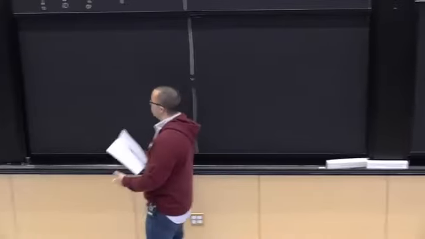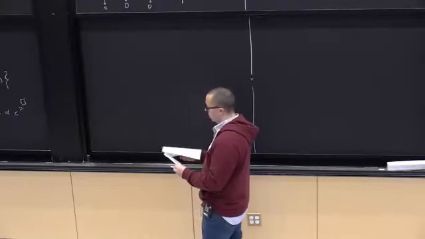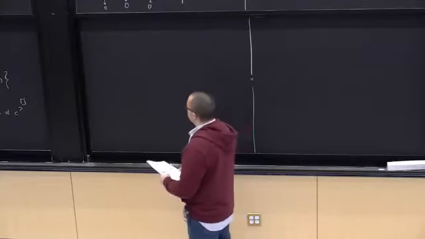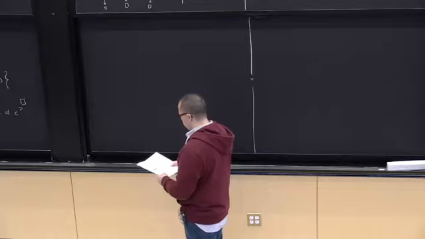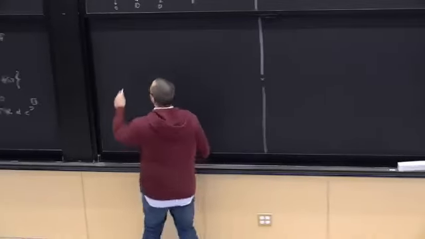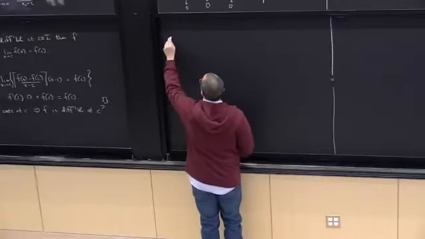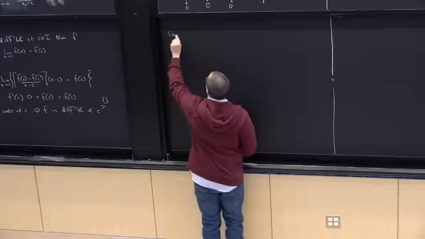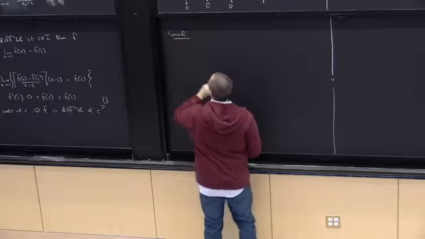Okay. So to start with the construction of this function, which is continuous but nowhere differentiable, we're going to need a few simple facts to start off with. So again, let me state our goal.